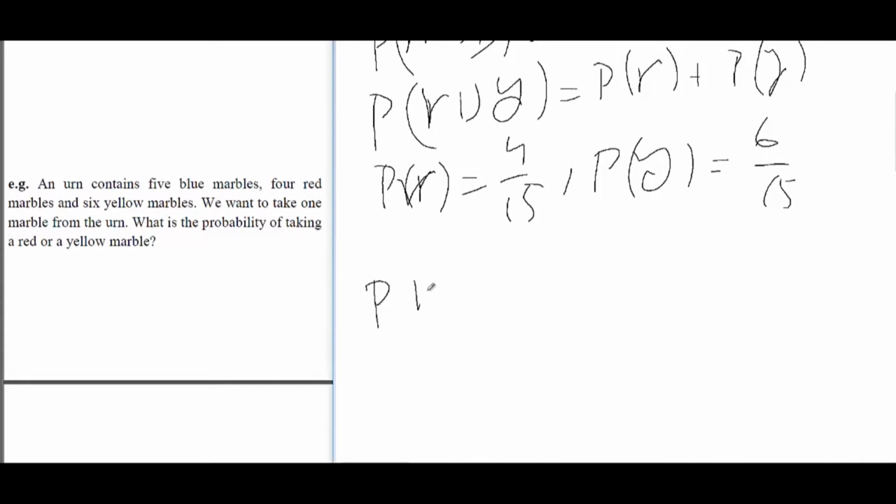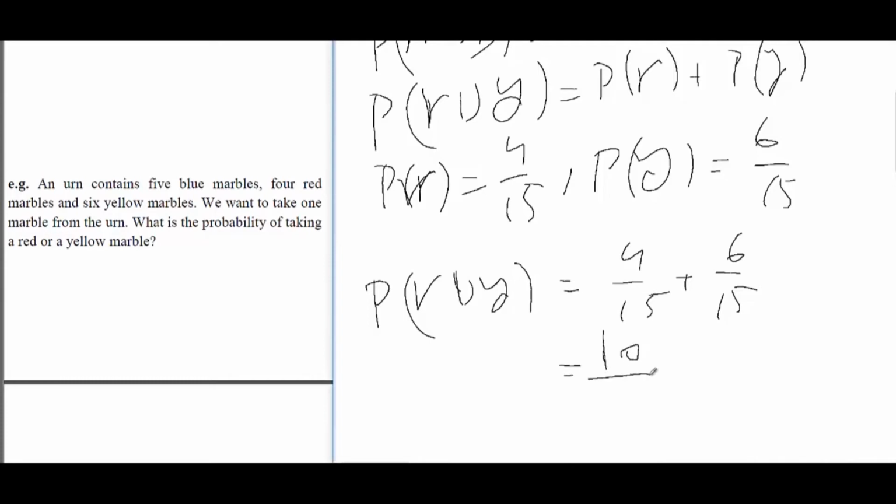So the probability of red union yellow is equal to 4 over 15 plus 6 over 15, which is equal to 10 over 15. If we simplify, we will get 2 over 3. So the probability of taking a red or a yellow marble is 2 over 3.